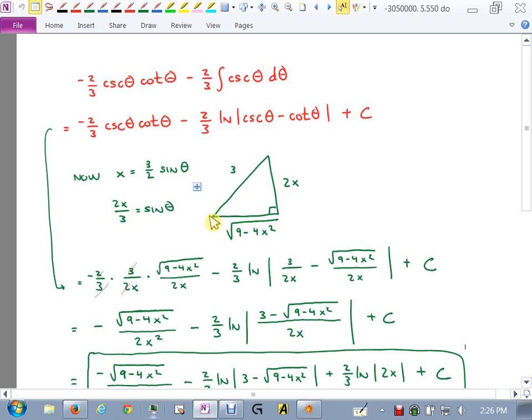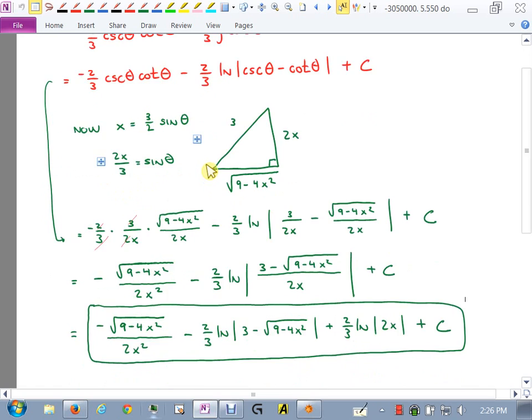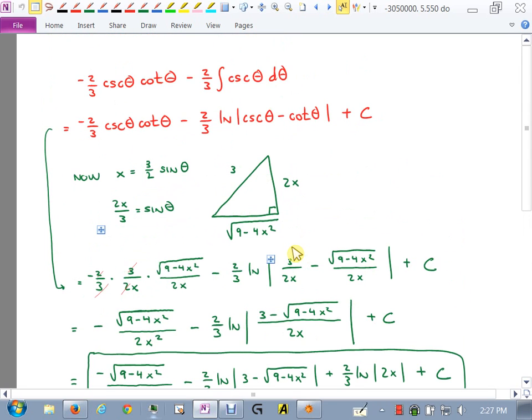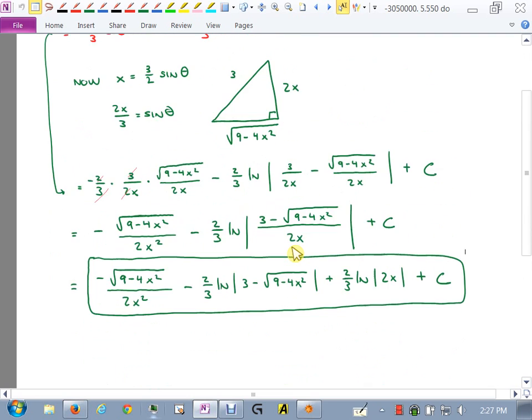Remember, sine is opposite over hypotenuse. So this triangle represents this equation, and then, boom, we get the answer. We're done. Yeah, we just did that the other day. So, plus C.